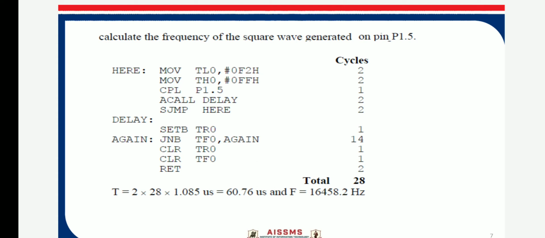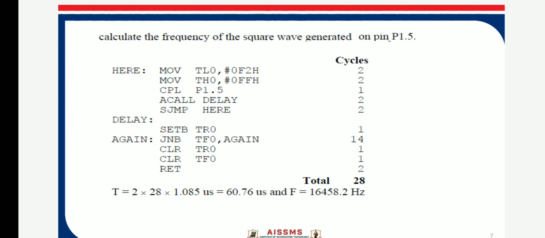In this subroutine we are starting timer 0. Then there is a label, AGAIN. In this AGAIN label we monitor the TF0 flag. JNB is jump if not bit, which means when the TF0 bit is 0, stay on this line.